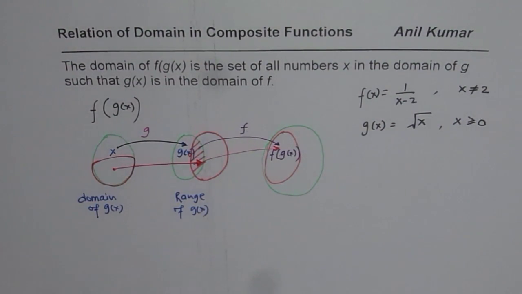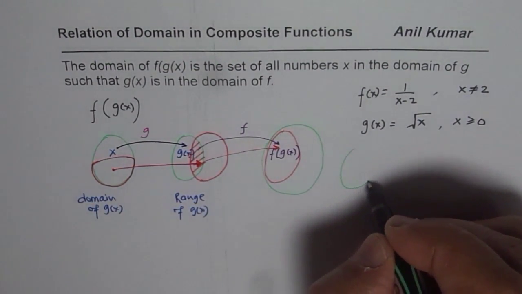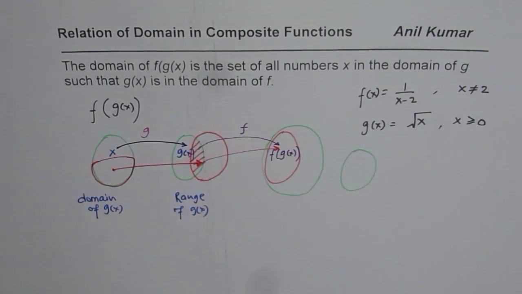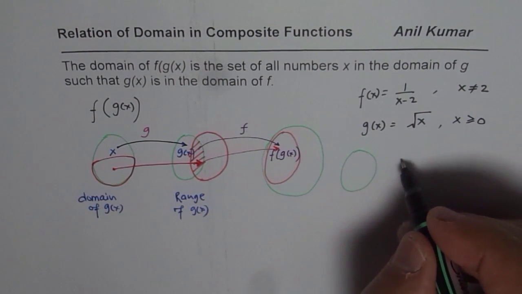So g of x can operate on a set of inputs, and it results in a set of outputs.